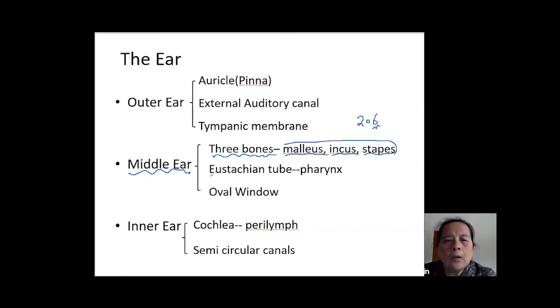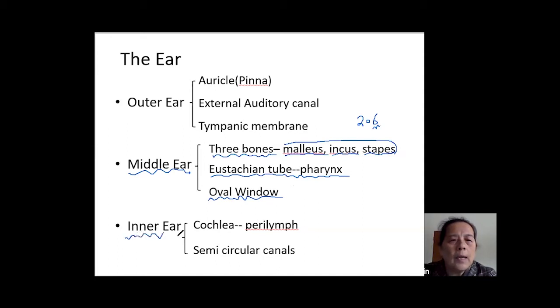And then we have a tube, connected or open to the throat area. And then we have a space we call the oval window. That's the area connecting the middle ear with the inner ear.